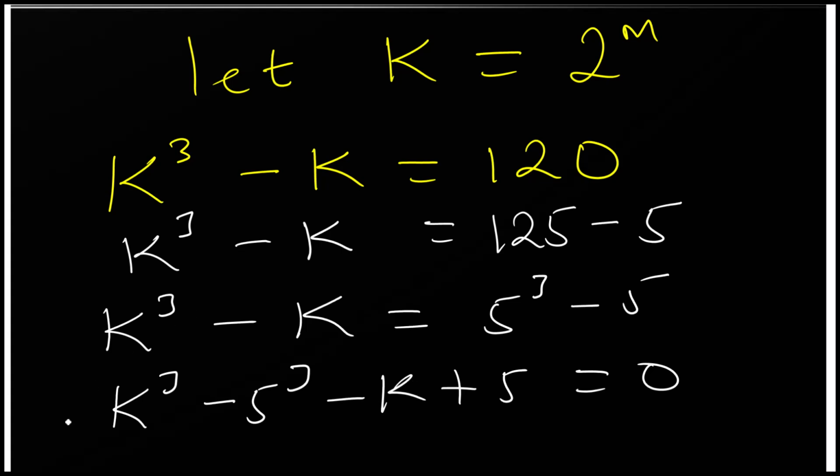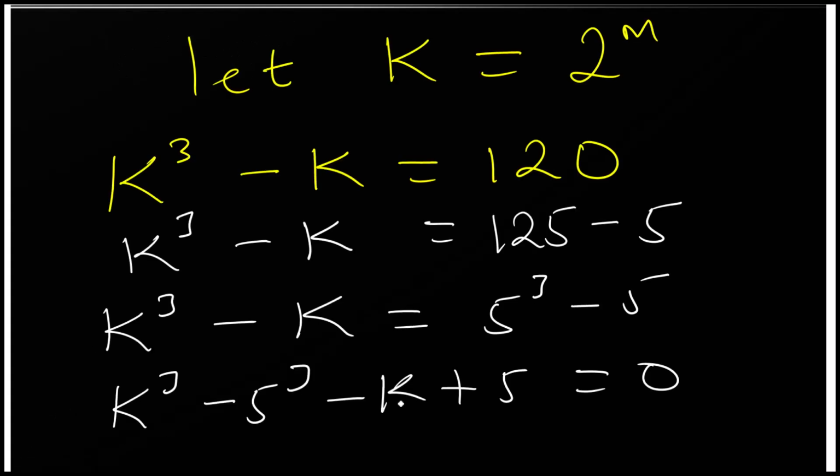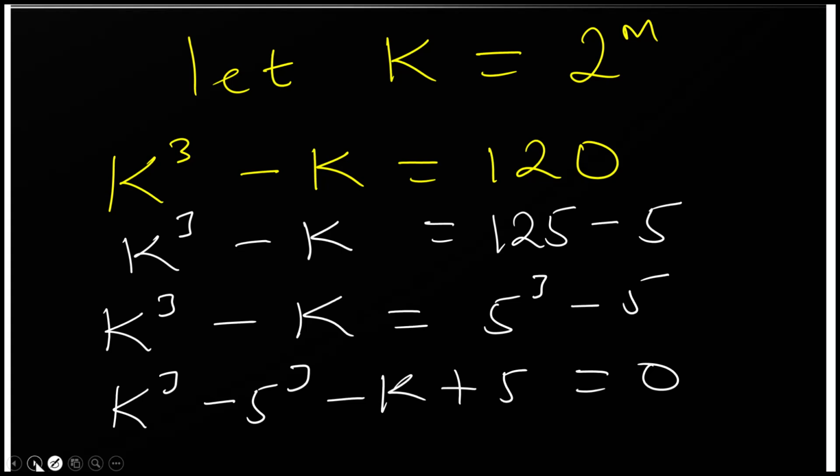Now from here we can say k cubed minus 5 cubed, minus (k minus 5). I'm sorry, k minus 5, because if I remove the bracket, this side turns to plus.